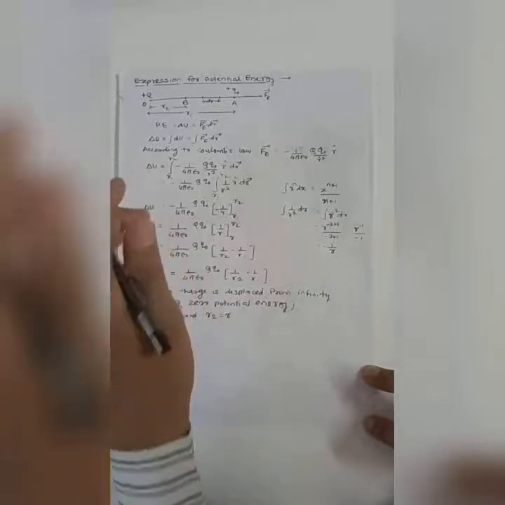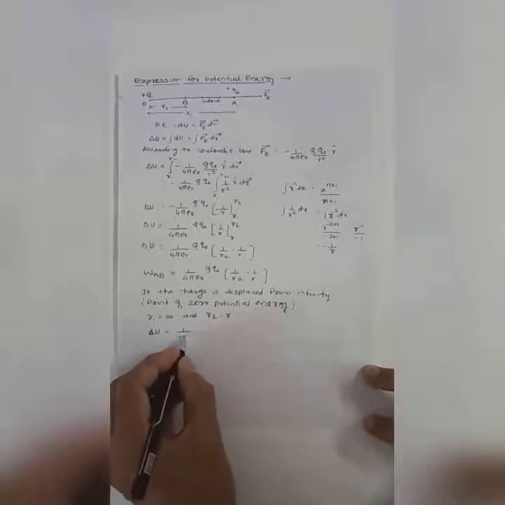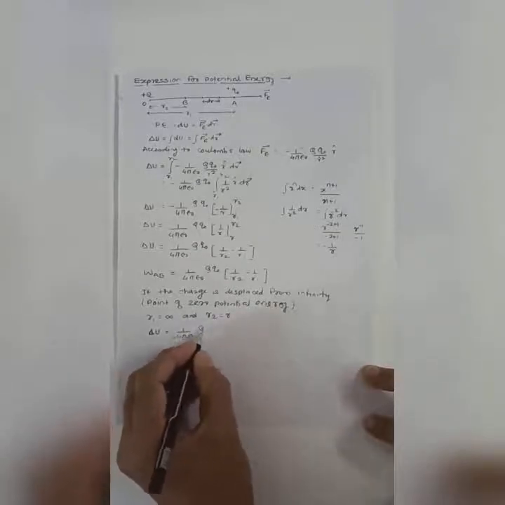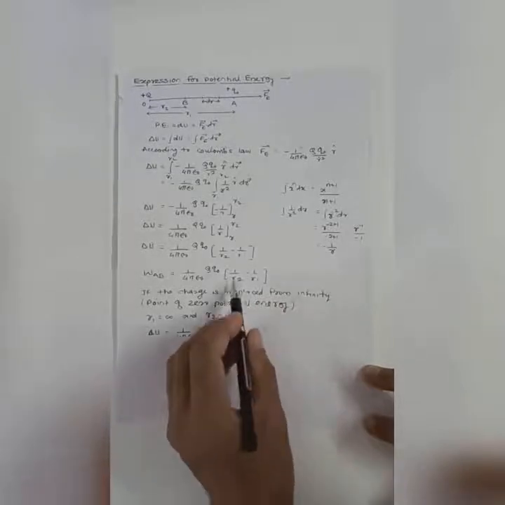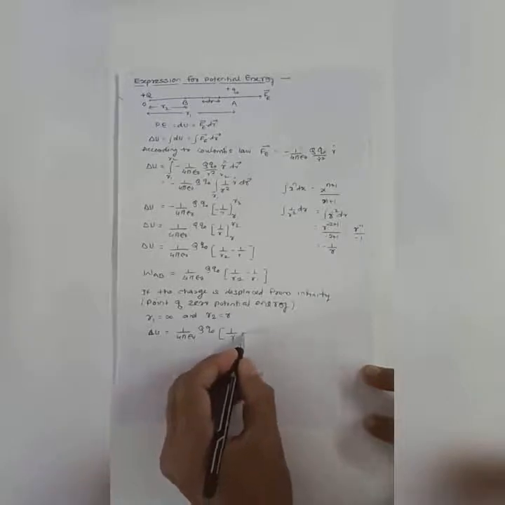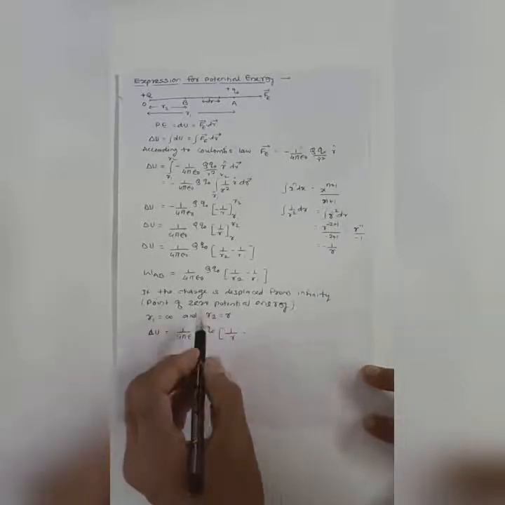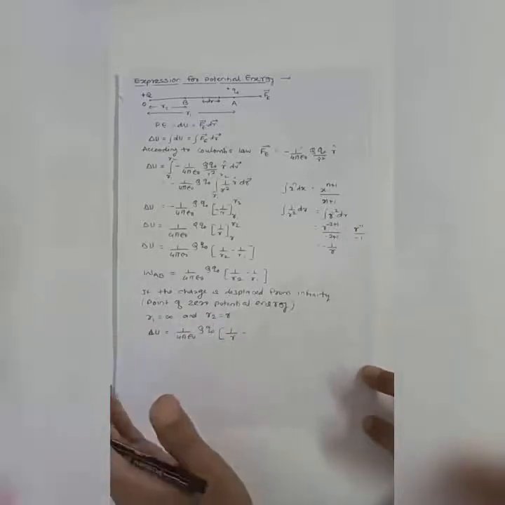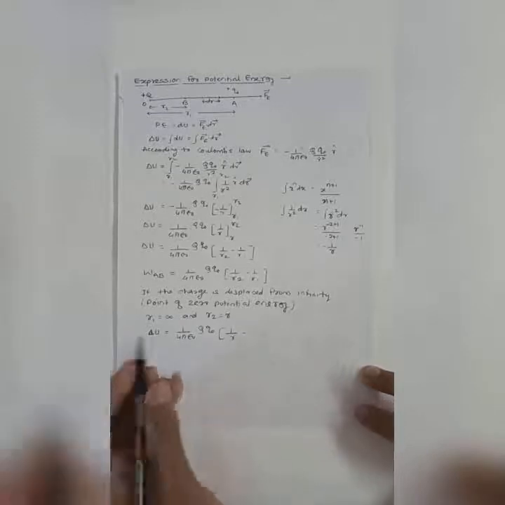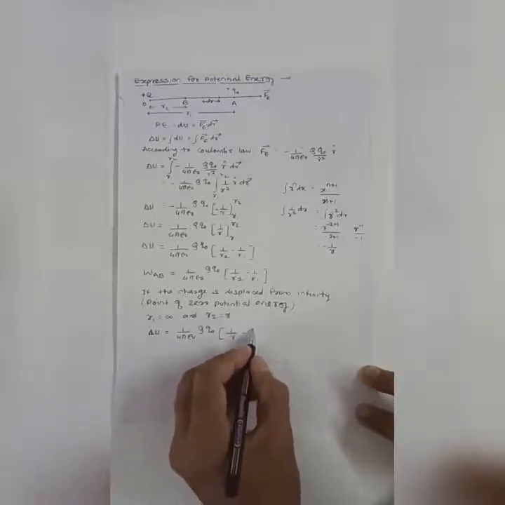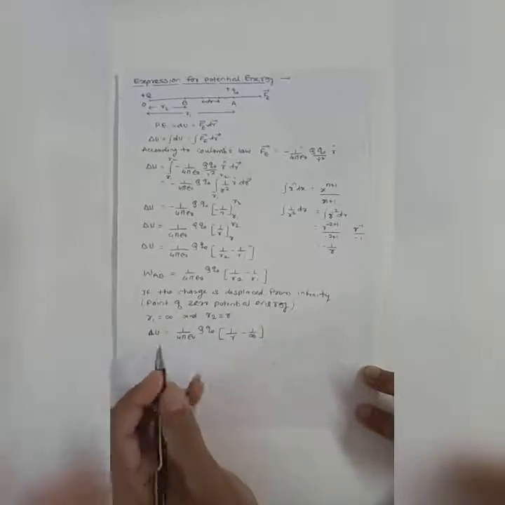Then the change in potential energy delta U is equal to 1 upon 4 pi epsilon 0 Q Q0 in bracket 1 upon R2, which is R, minus 1 upon infinity.